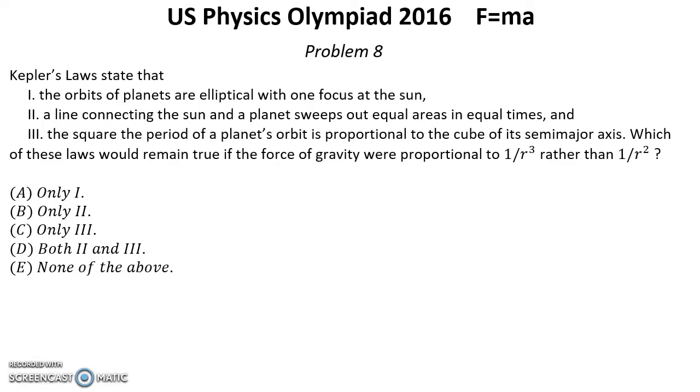And the third law. The square of the period of the planet's orbit is proportional to the cube of its semi-major axis. Which of these laws would remain true if the force of gravity were proportional to 1 over r cubed rather than 1 over r squared?